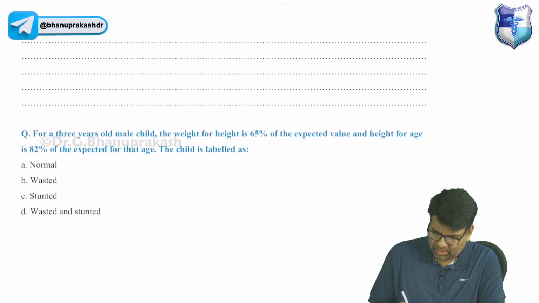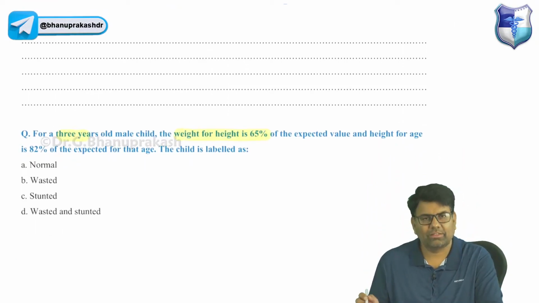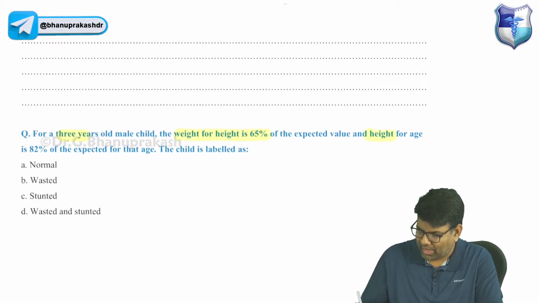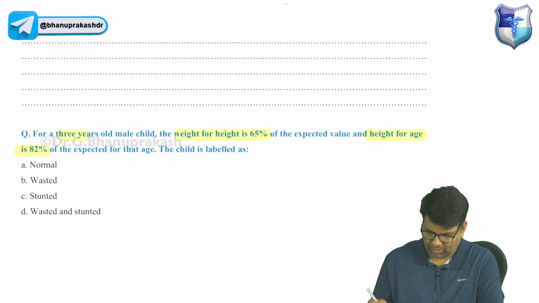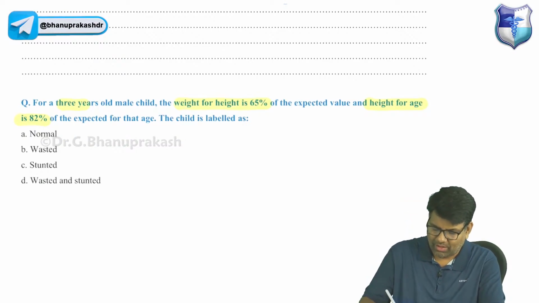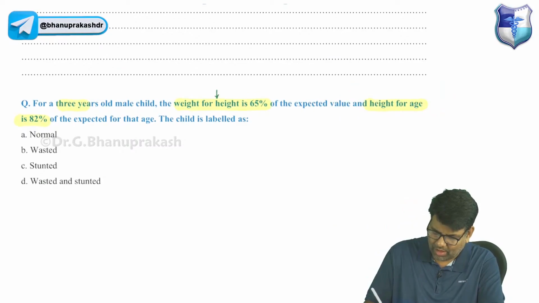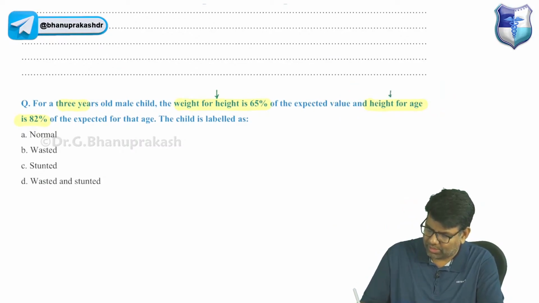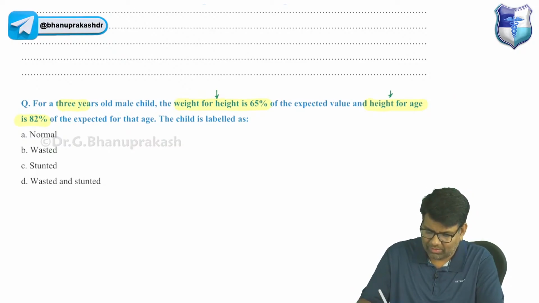For a 3-year-old male child, the weight for height is 65% and height for age is 82% of the expected. Now, what will this child be labeled as? Weight for height is also less and height for age is also less. Yes.